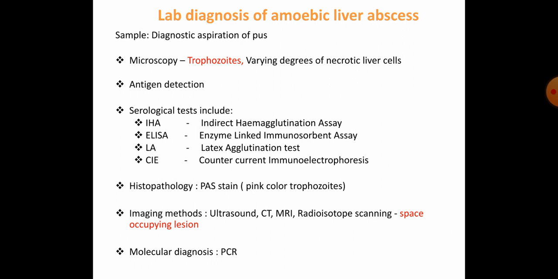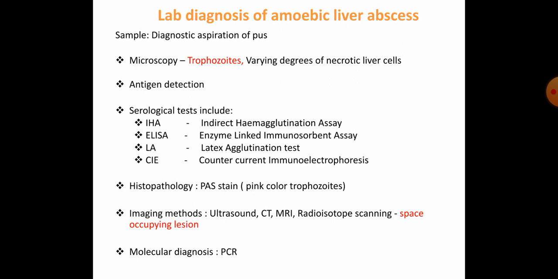We can do an antigen detection on the pus, and subject the patient's blood to serological examination, either by ELISA, latex agglutination, or counter-current immunoelectrophoresis. Histopathology also plays an important role, wherein they subject the sample to PAS stain, and we can see the pink colored trophozoites.